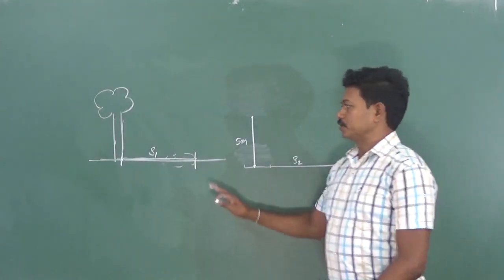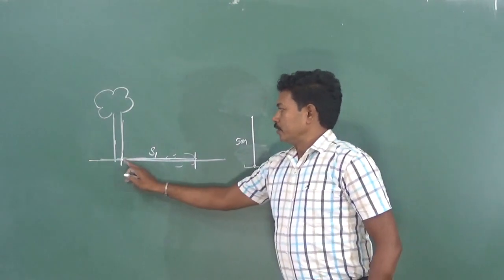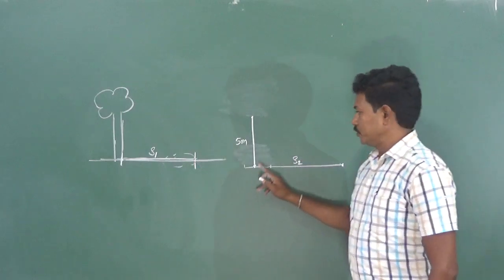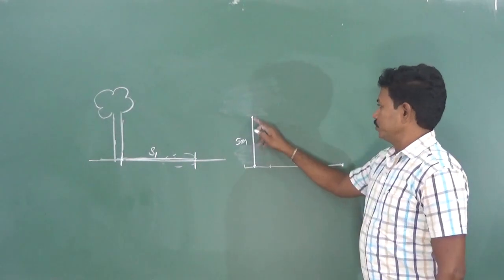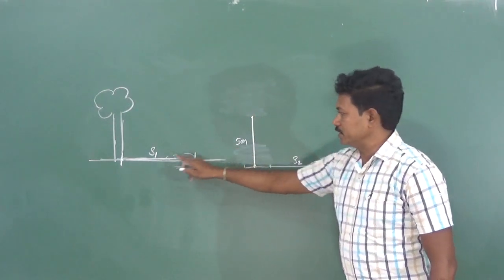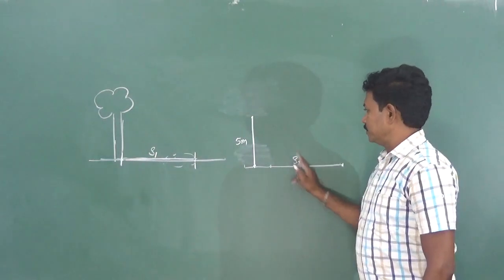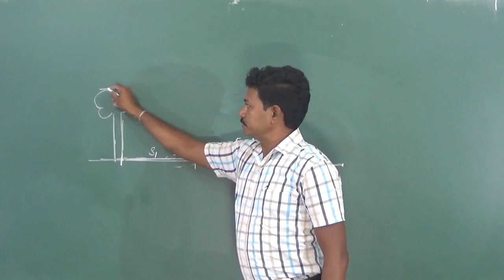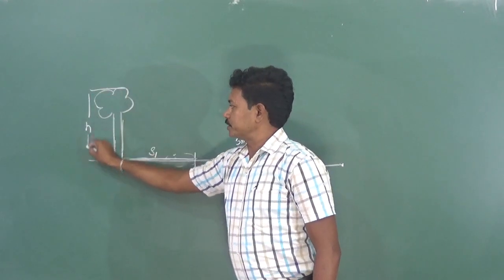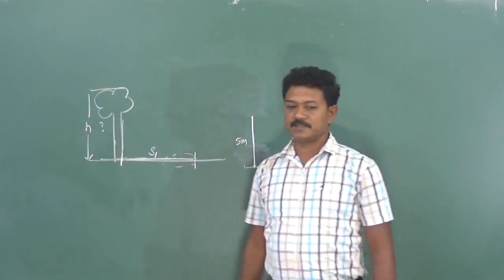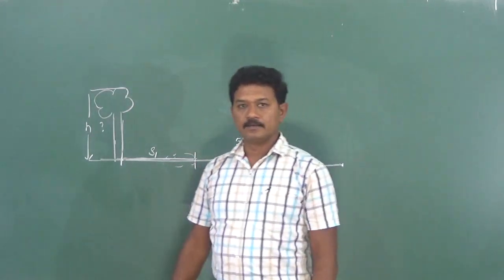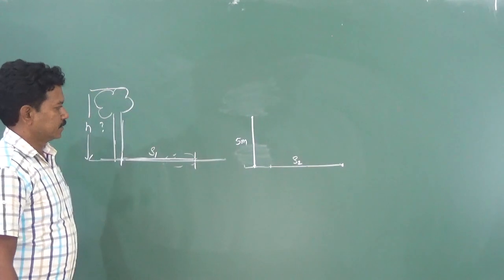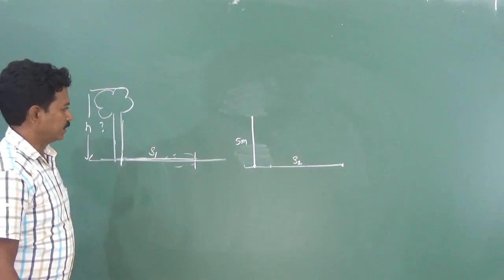Now, see the logic behind this. You know the length of the shadow of the tree. You know the length of the shadow of the pole. You know the height of the pole. Using these values, can you find out the height of the tree, that is h? It's a very simple concept, right?